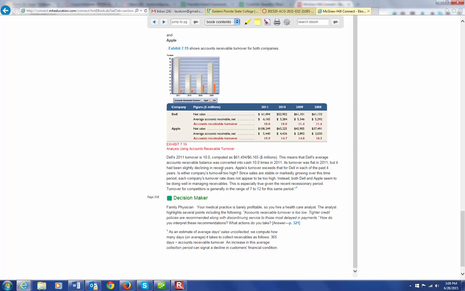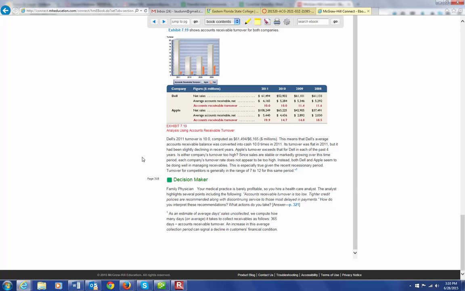And this goes on to explain that they believe that both of these companies are doing quite well, and turnover for competitors in this particular industry is in the range of 7 to 12 for the same period. So they're in the ballpark of what other competitors are doing. Often a number or a ratio all by itself means nothing to you.